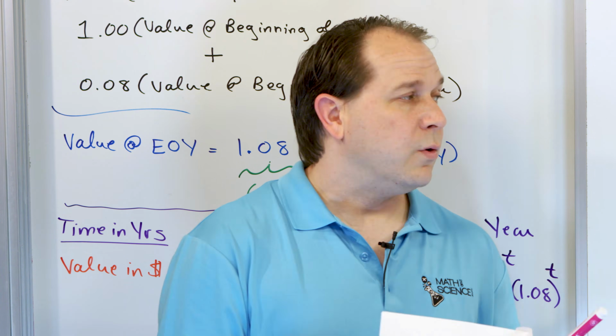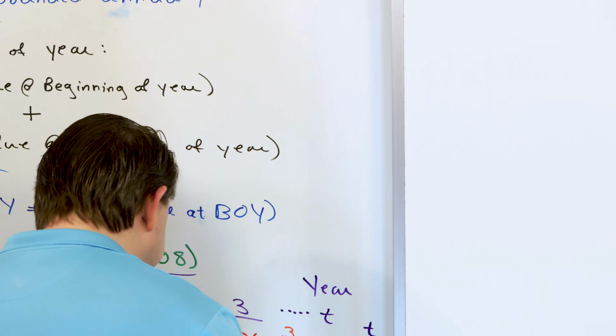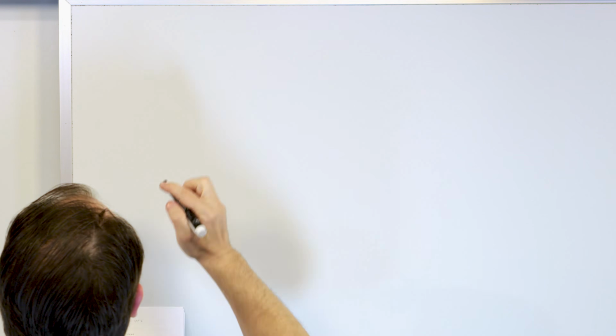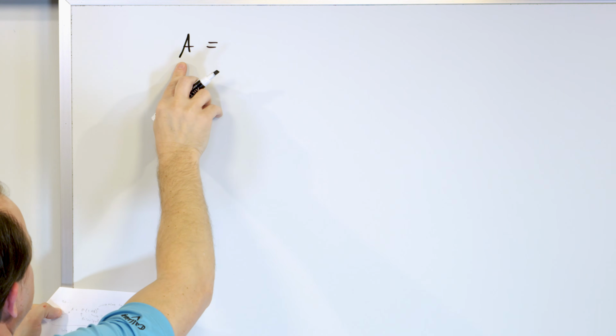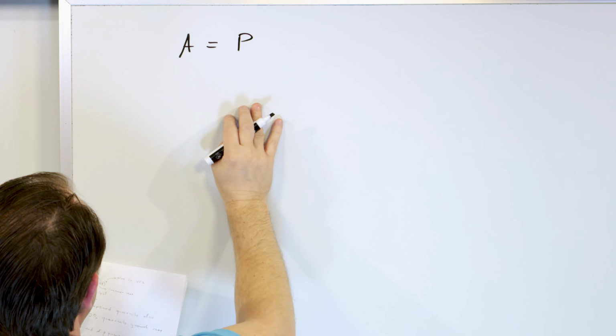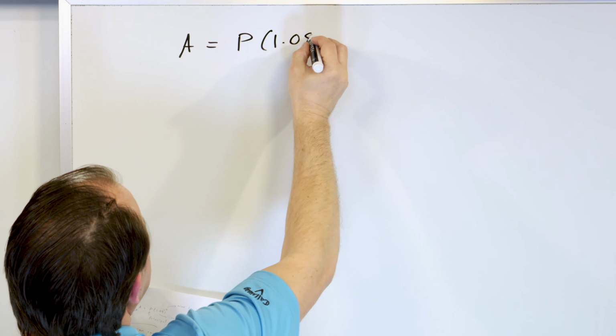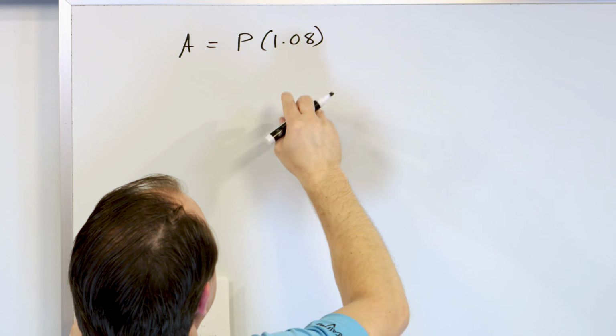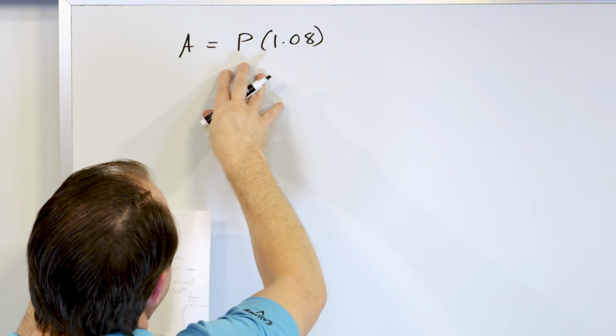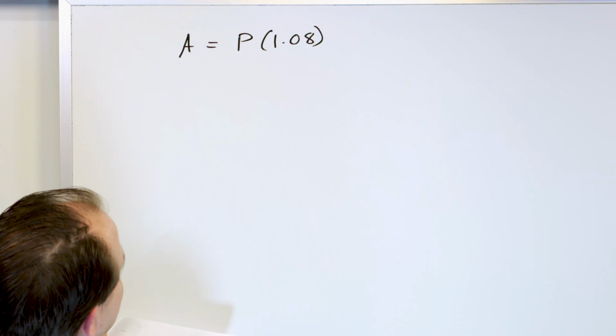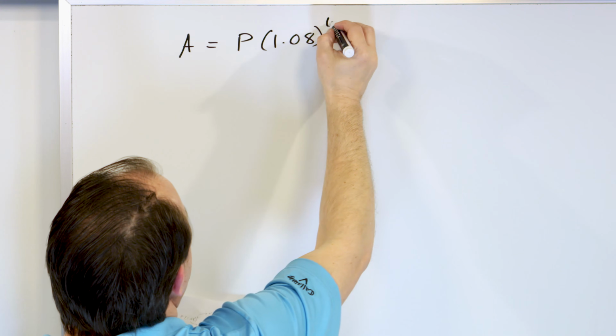All right, so we want to talk about this in the most general form. So what this means is that if I'm compounding annually like this, the amount of money I'm going to get, this is called the amount of money I'm going to have, it's going to be equal to the principal, however much money I put into this thing, times, in this example, 8%. The 1.08 means I'm multiplying by the full balance of what I had before plus 8% free money to the power of t.